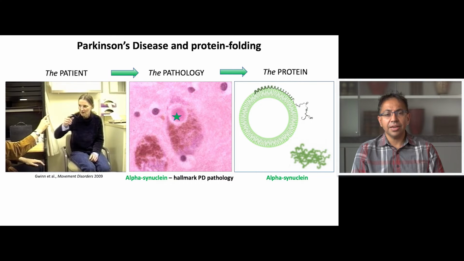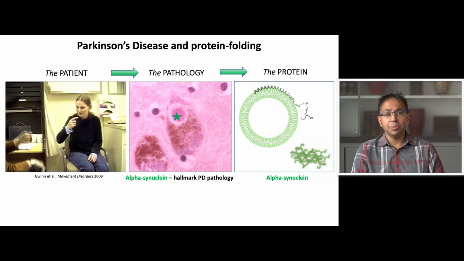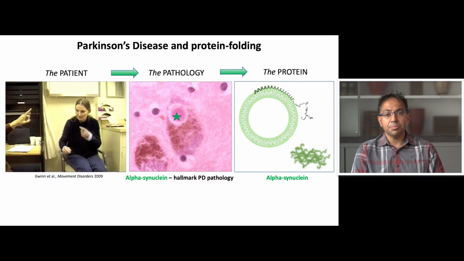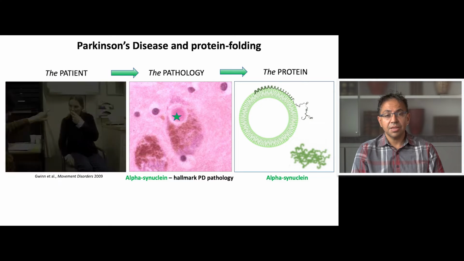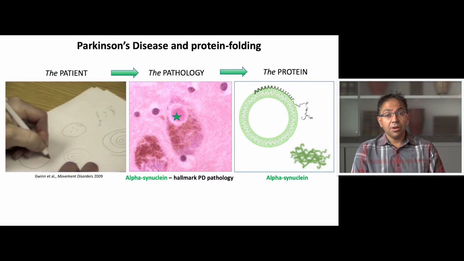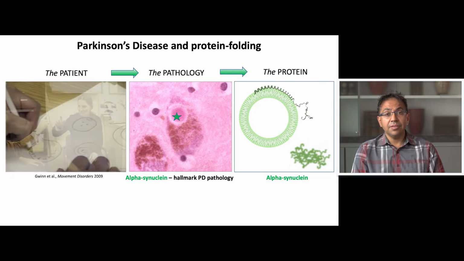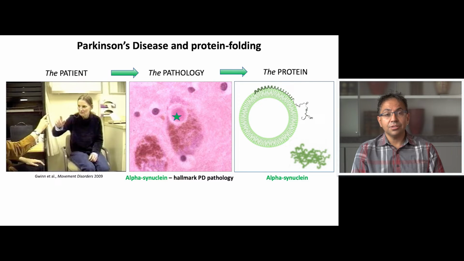Now, on the left side is a disease many of you will be familiar with. This is a depiction of a patient who has Parkinson's disease. What's going on in her brain is depicted in the middle. In the middle panel, you see a very abnormal pink structure in a brain cell, a neuron. That pink structure is called a Lewy body.